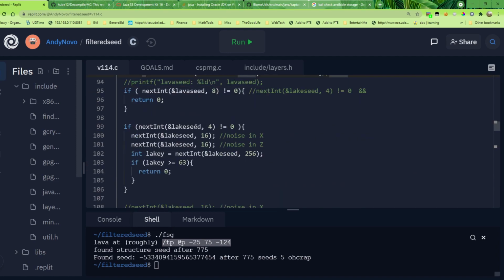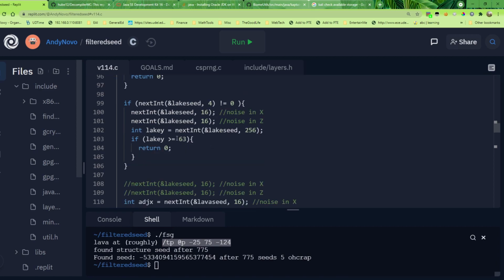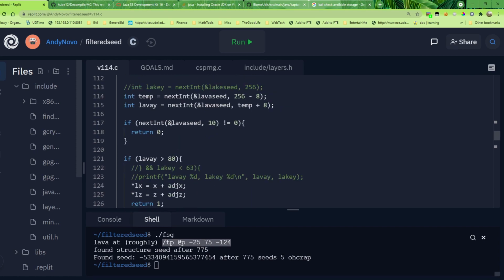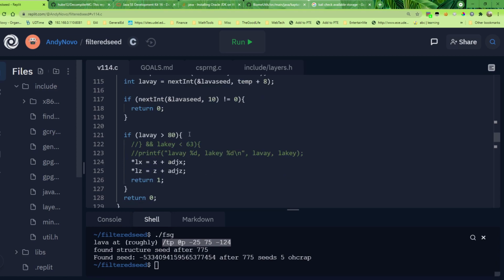Hold on. Let's see what else I could get wrong. Lake seed 4 not equal to 0. Fine. Here's the lava seed 10. And here's the lava Y greater than 80.